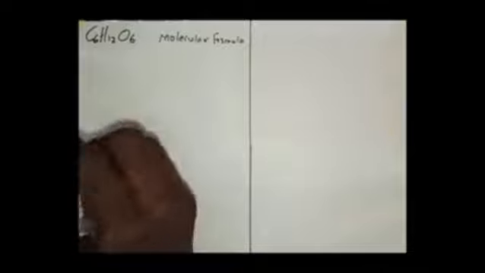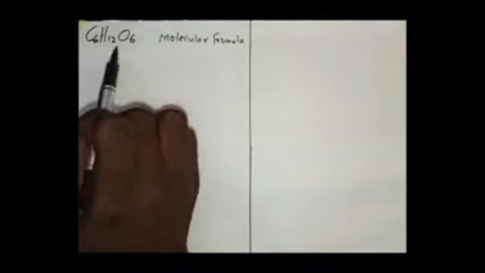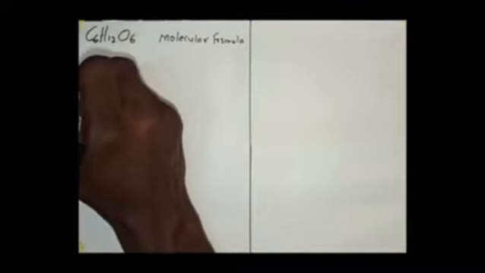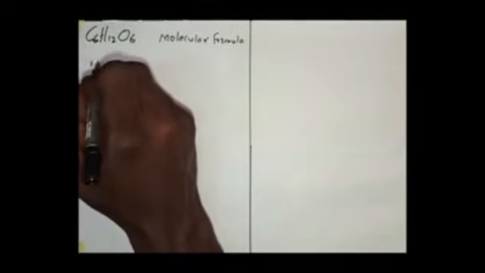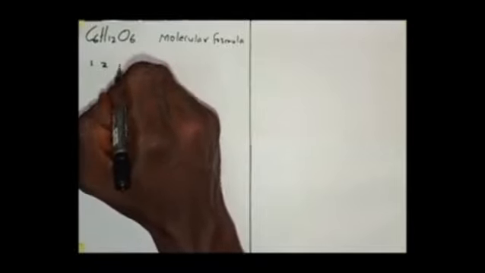I'm looking at what we have here. We have 6, 12, and 6. So the simplest number we can divide through by is 6. When 6 divides 6, that gives us 1. When 6 divides 12, we are going to have 2. And when 6 divides 6, we're going to have 1.